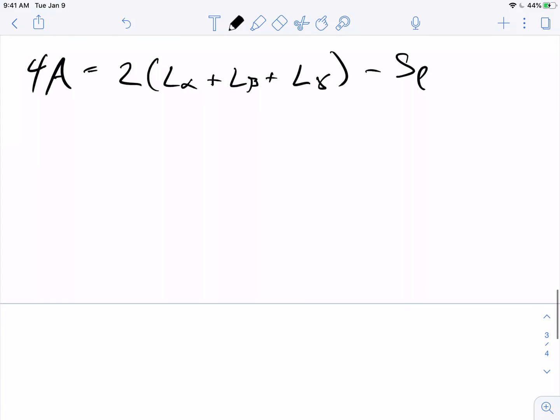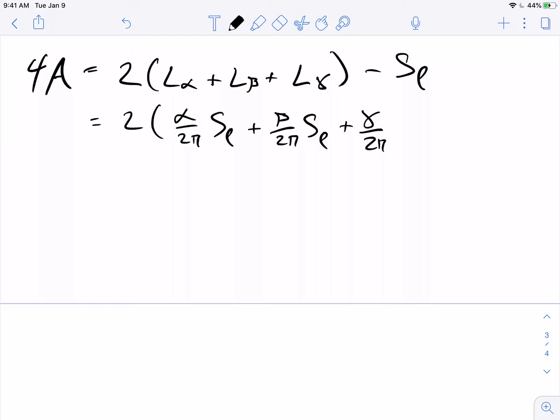And I know, remember, the area of these lunes in terms of S rho. And so this is 2 times alpha over 2 pi times S rho plus beta over 2 pi times S rho plus gamma over 2 pi times S rho minus S rho. And so what I get, if I divide by 2, is, well, okay, what do I want to do? Let's pull out S rho and divide by 4.